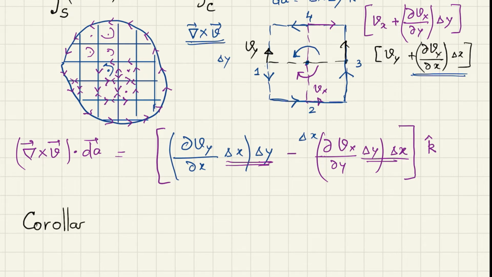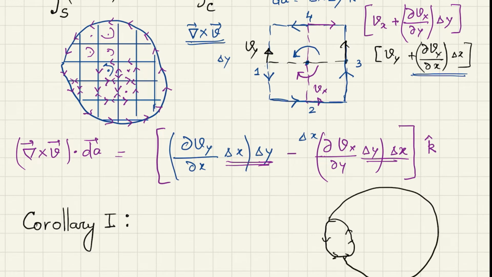So an important corollary is, suppose this is the curve C, and so I can calculate V dot dl. Now this V dot dl will be the same for any surface that it bounds. For example, that could be another surface which is bound like that.